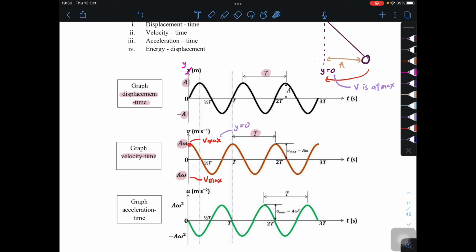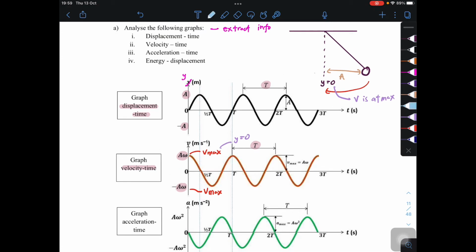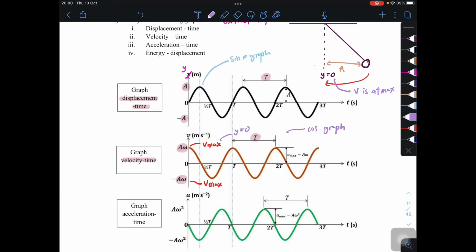Okay, so kita akan dapatkan graph yang berbeza lah, which is the first graph, this one, kita panggil dia sebagai sine graph sebab dia akan start from 0. This one, dia start daripada maximum value. So this one is a cos graph. Sebab tu, general equation untuk velocity adalah v = A omega cos omega t.